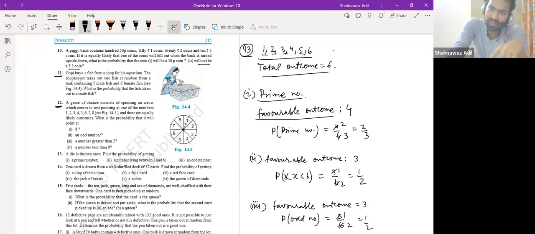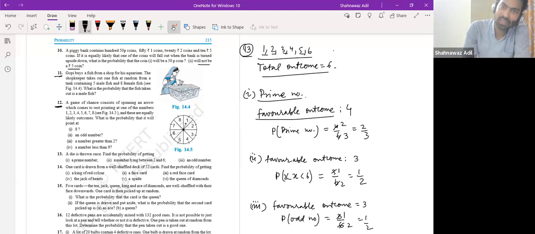So the answer is saying 3. I just checked in my notebook. It says 2, 3, and 5. On Google it says 1 is not a prime number.